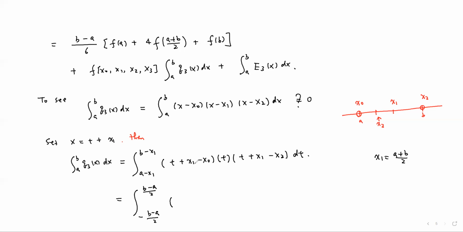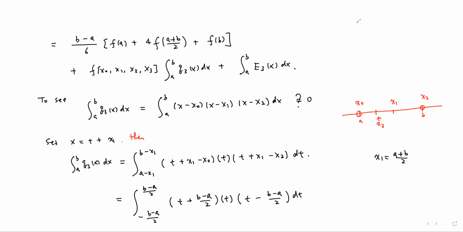The midpoint minus x0, where x0 is a, is (b minus a) over 2, so the first factor is t plus (b minus a) over 2. The midpoint minus x2, where x2 is b, gives the factor t minus (b minus a) over 2, dt.